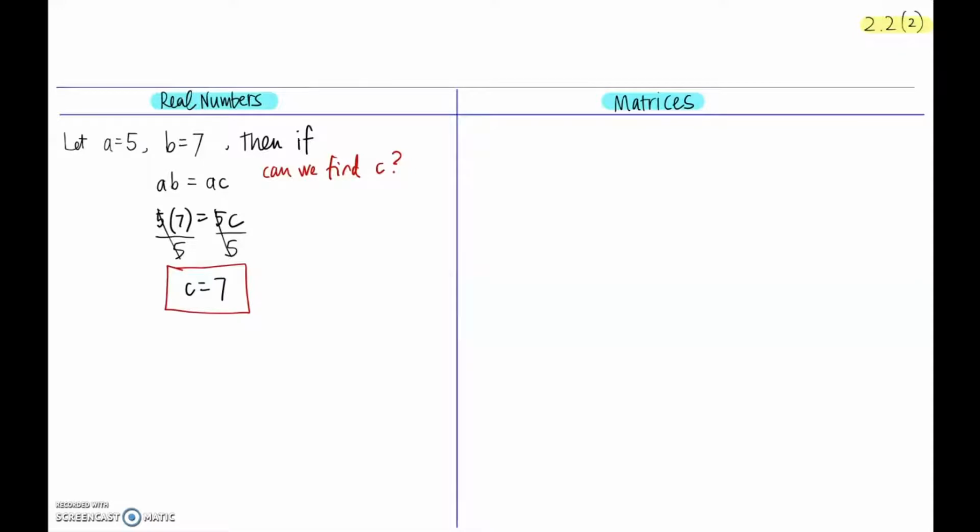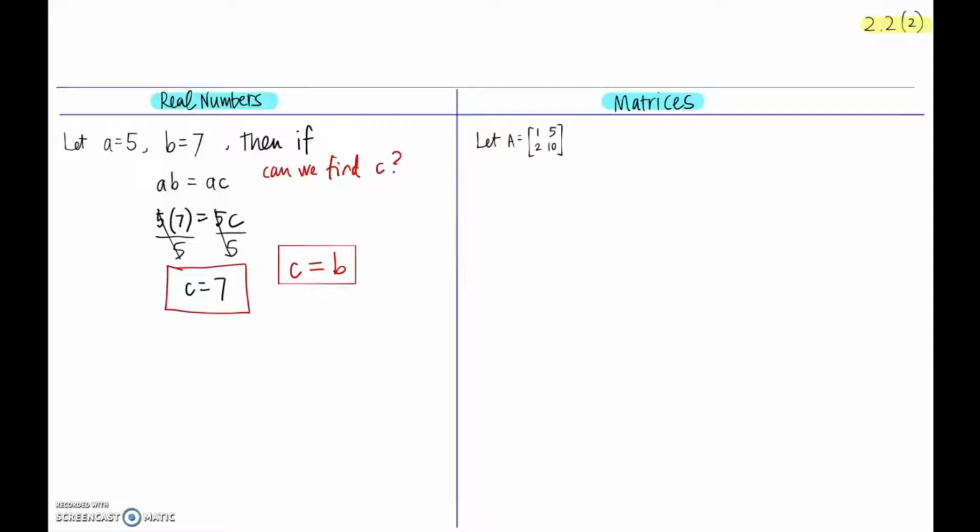We in fact knew from the beginning that B and C were going to be equal numbers. So C equals B, and that's an important realization to make in this problem. If A times a number equals A times some other thing, then these two things must be equal. That's a property of real numbers.